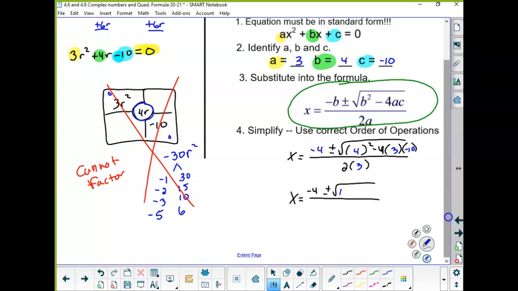Well, here's what I would do. I know 4 squared is 16. And then I'm going to take the next part. I'm going to treat this as a -4. So -4 times 3 is -12. And -12 times -10 is a positive 120. All over 2 times 3, which is 6.